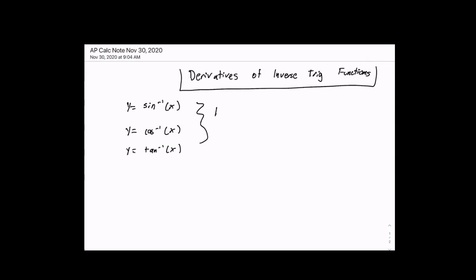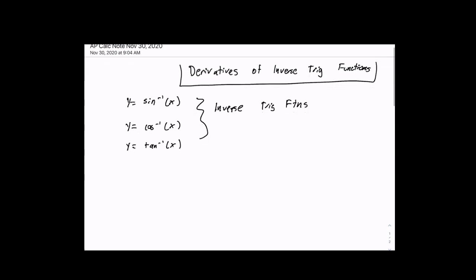These are the inverse trig functions. Each of them just undoes the original functions.